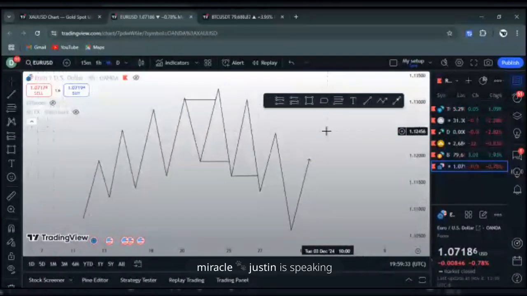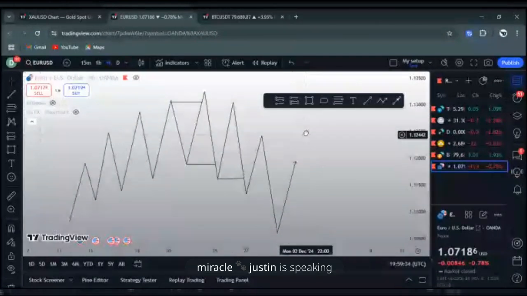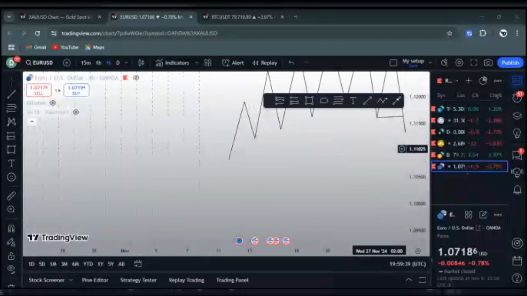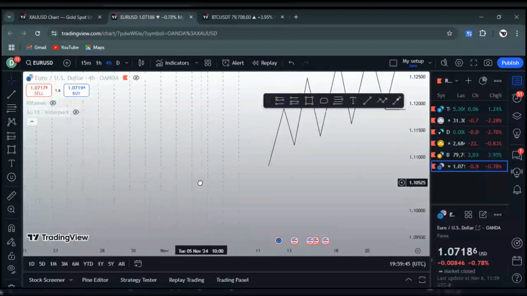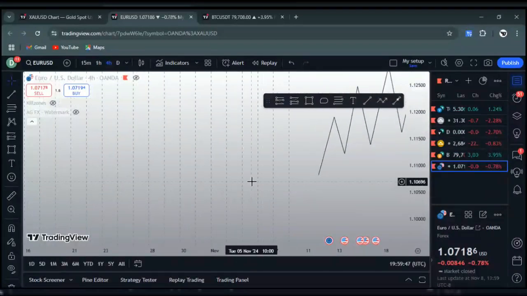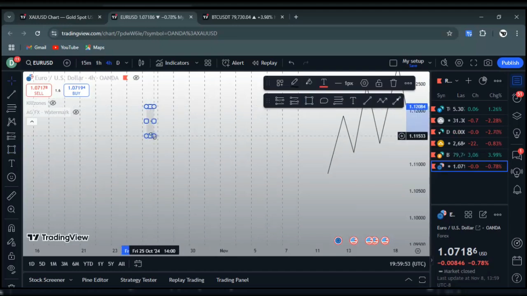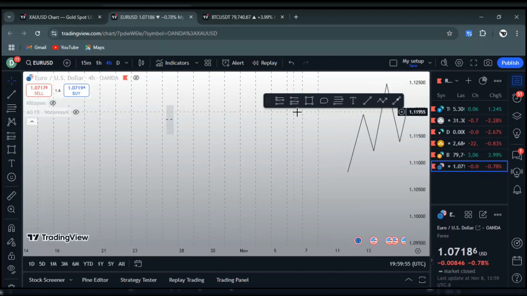Okay, so let's move to the fair value gap, the inverted fair value gap. An inverted or inverse fair value gap is what happens after a fair value gap has been created, as we all know.